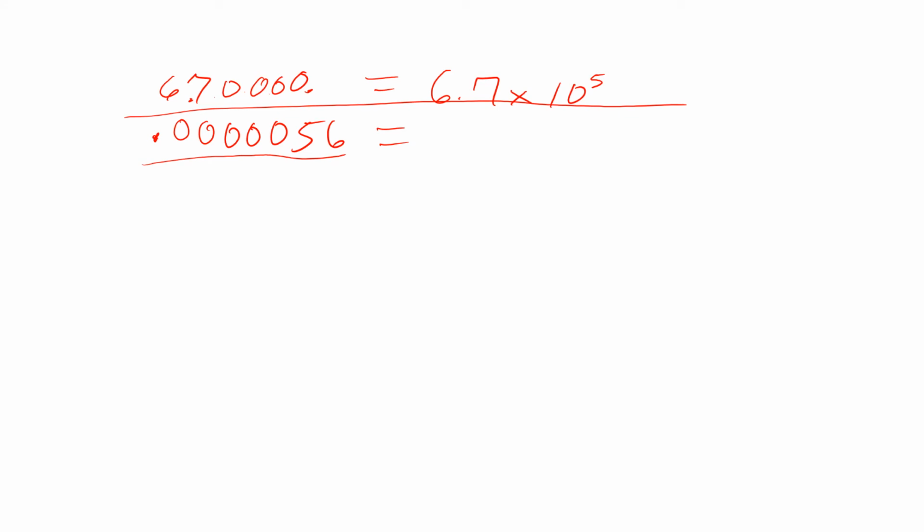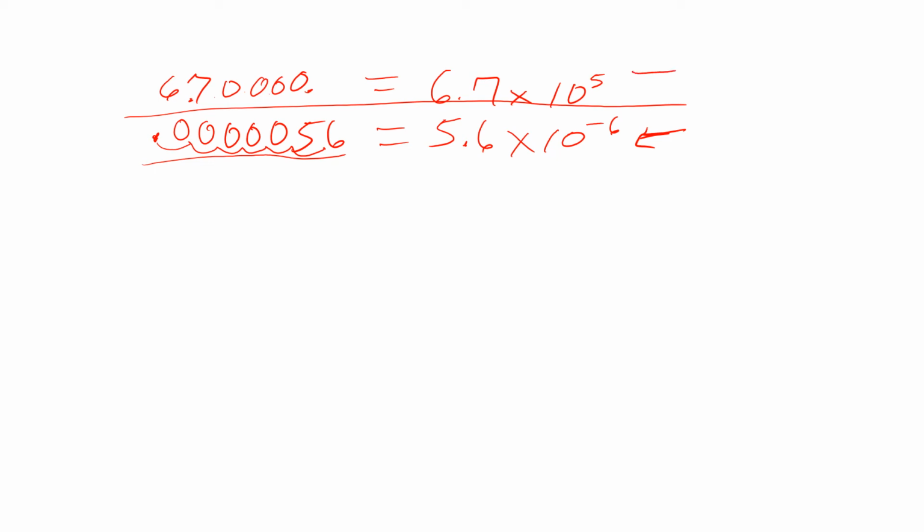We want one number in front of the decimal, so 5.6 is what we'll end up at, times 10 to the, moving it to the right, 1, 2, 3, 4, 5, 6, to the -6. So the direction going to the right is negative. If you see a negative exponent, you know it's a small number.